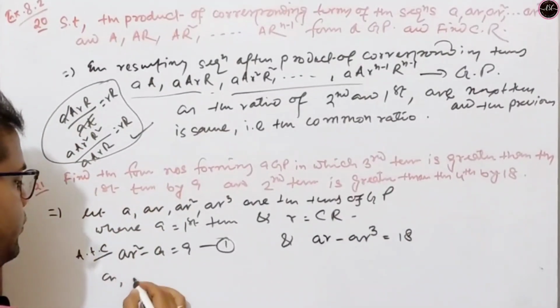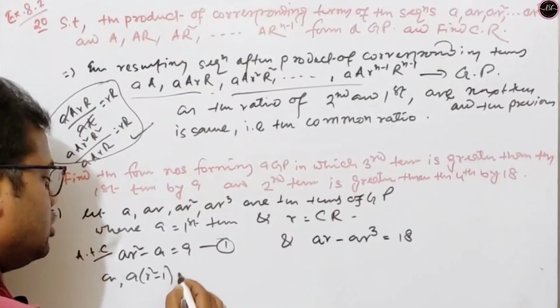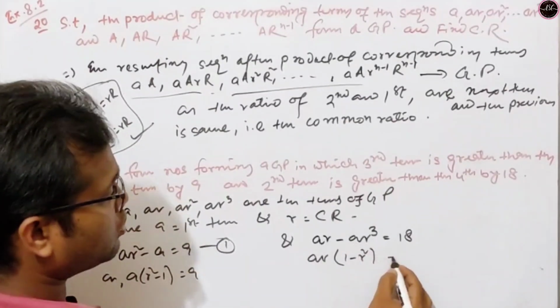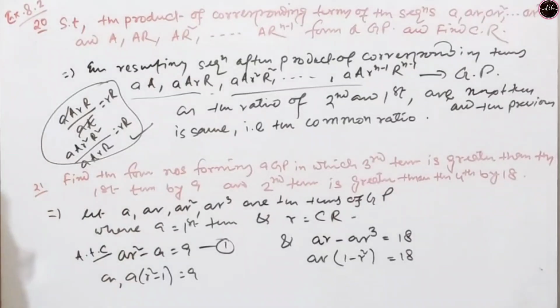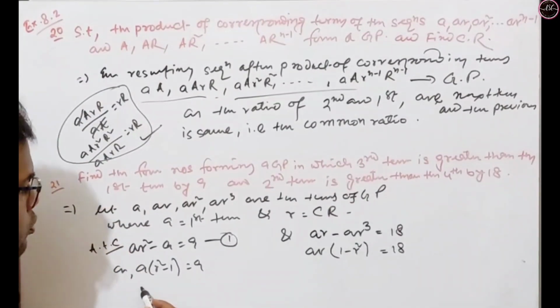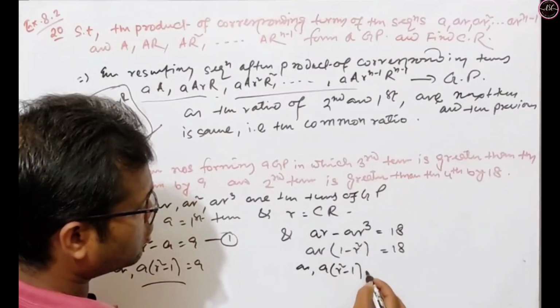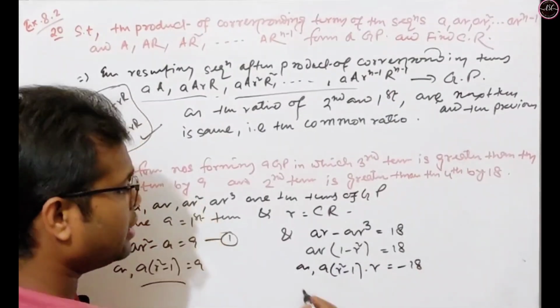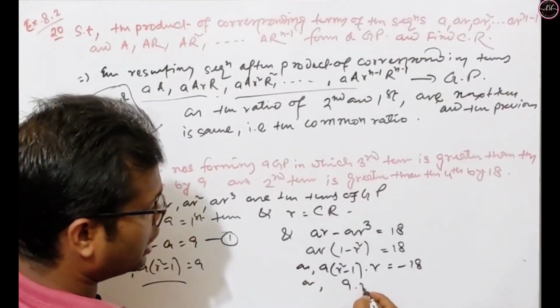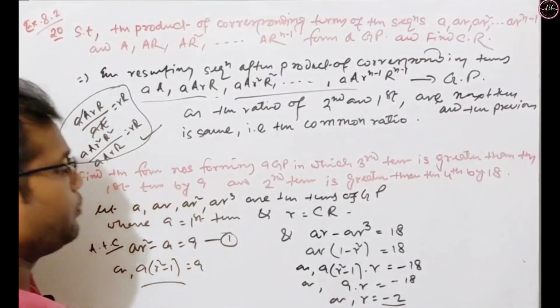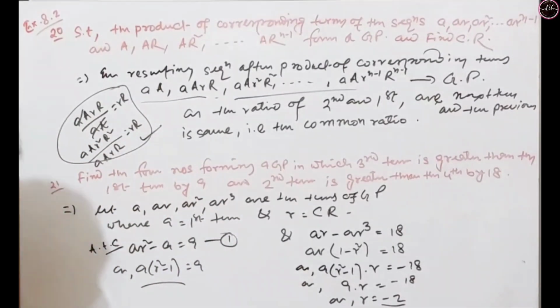So just here, if we take a common, a into r square minus 1 equal to 9, and here if we take a r common, 1 minus r square equal to 18. Okay. So just put this value into this, or a into r square minus 1 into r equal to minus 18, or just 9 into r equal to minus 18, or r equal to minus 2. Okay. So we get r.